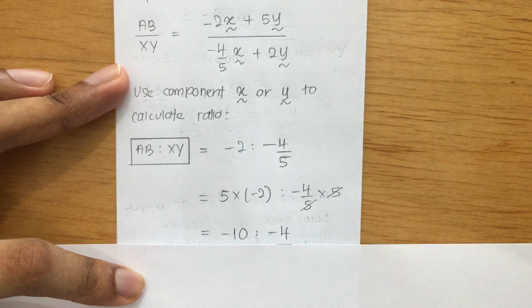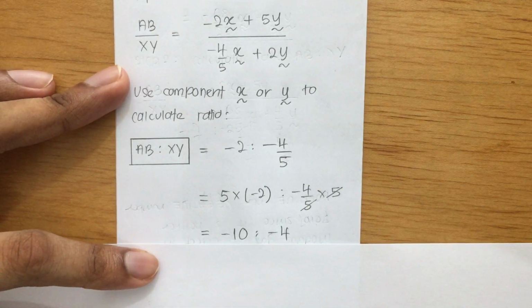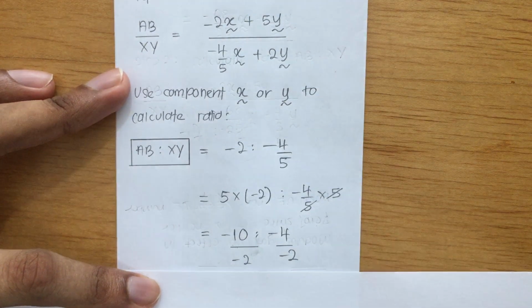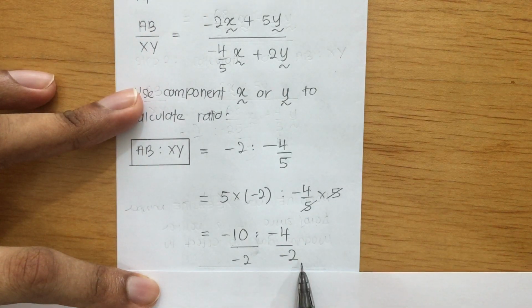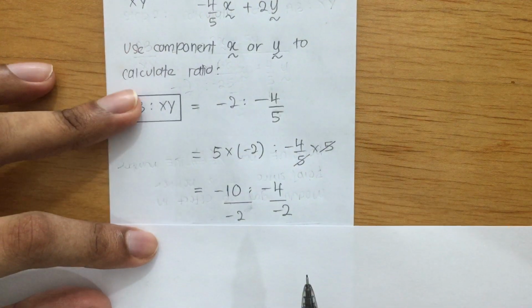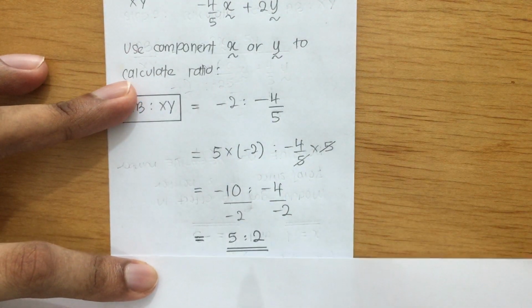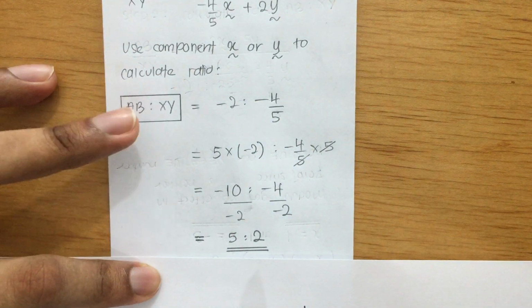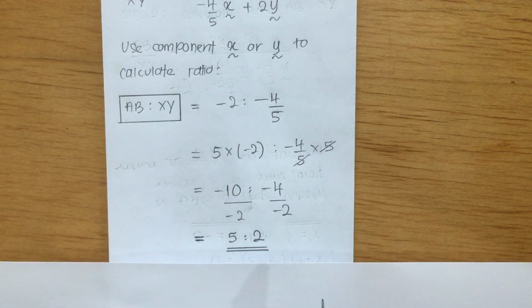But this is still not the final answer. We need to further simplify this ratio, and we have a negative form here. So we can divide both the left hand side and the right hand side of the ratio by negative 2, and therefore you get your final answer of 5:2. Why am I showing this long set of working?